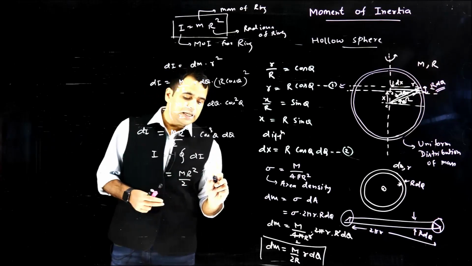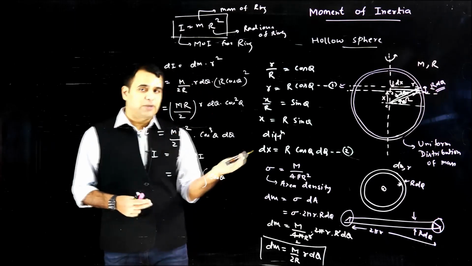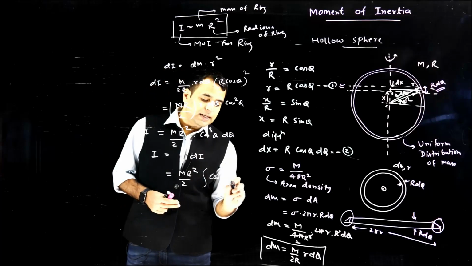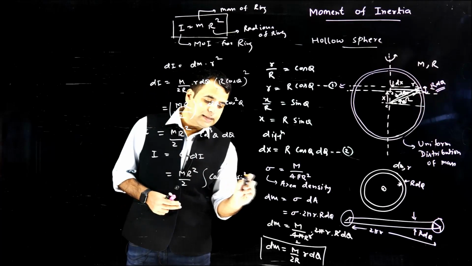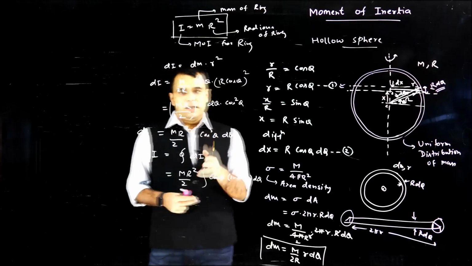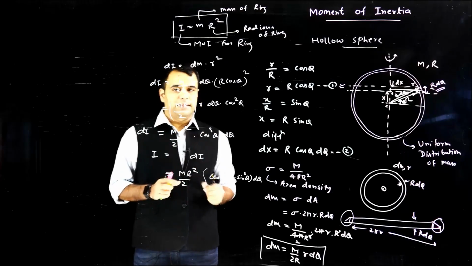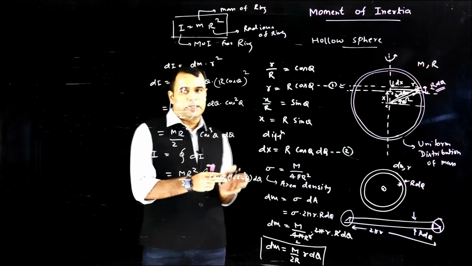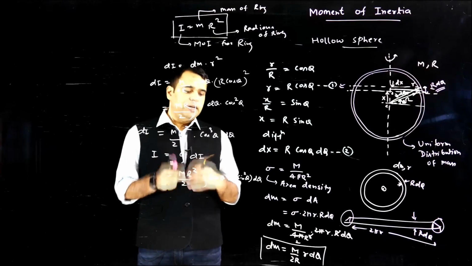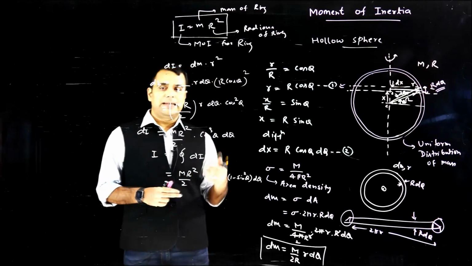This cos cube theta, I can write as cos theta multiplied with cos square theta, and that cos square theta I can write as 1 minus sin square theta. You see? So what I did here, I cut this cos cube theta into two things. One is cos theta and one is cos square theta. And this cos square theta I have written as 1 minus sin square theta because there is a relationship. Cos square theta plus sin square theta is 1.